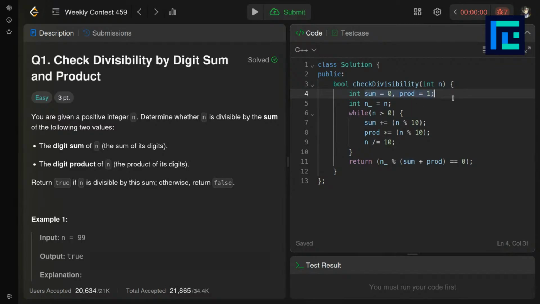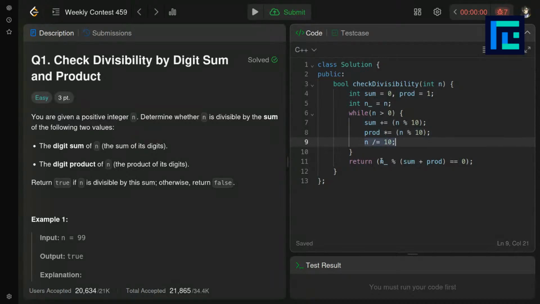So let's have a look at the code. We find the sum and product. Initially sum is set to 0 and product is set to 1 because those are the default values for sum and product, right? Then here I'm creating a temporary variable to store the value of n because I'm finding the digits of n, and this is one way to find the digits. Basically I'm taking n mod 10 to find the current digit. I'm adding that to the sum and multiplying it into the product.